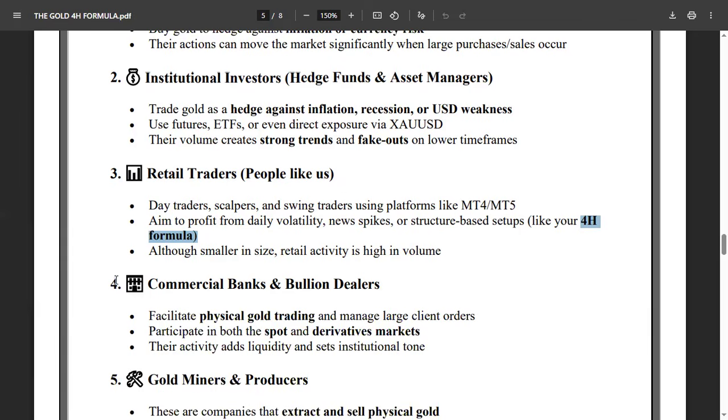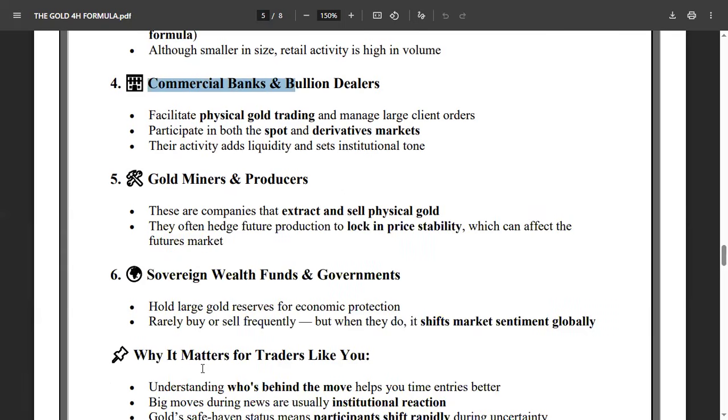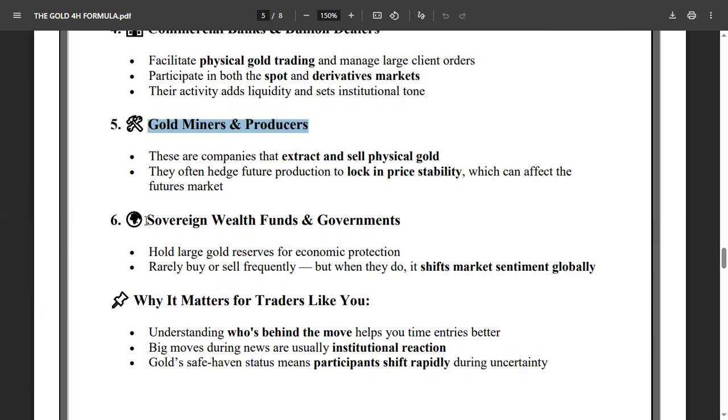We also have commercial banks and gold miners, those miners who produce gold as a physical commodity. You are going to know this well when we learn the factors affecting gold. Here I'm talking about the supply and demand of gold as a physical commodity that affects the gold price. And of course we have wealth funds and governments.